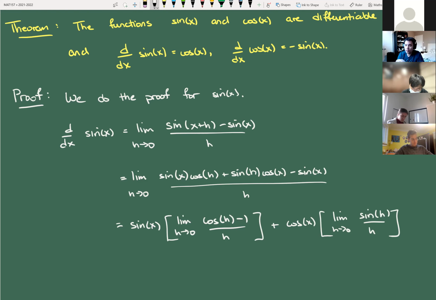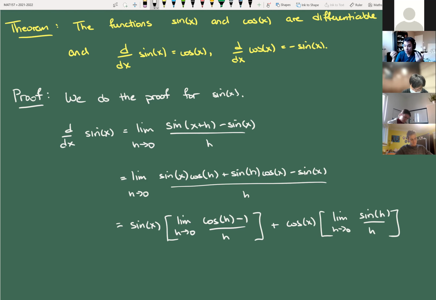And we sanity check ourselves. So I've used the limit laws, but we have to double check, was I allowed to do this? Oh yes, okay, I know that all of these limits exist. And don't forget, I can pull out the sine x and the cos x because the limit is in terms of h, right? Sine x and cos x are just constants with respect to this limit.